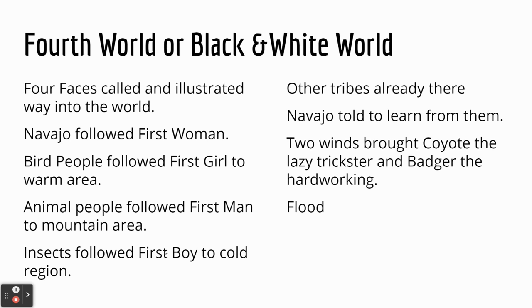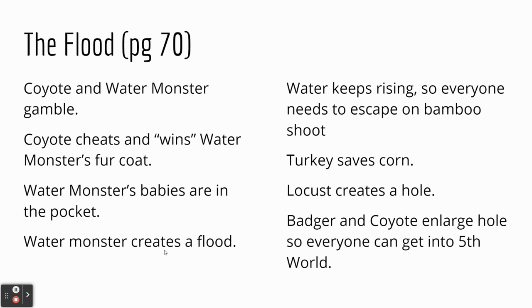And in this world, there's also the flood. You'll see this trickster and hardworking, and Coyote is one of the characters in the book. All right? I'm sorry, I won't cover the flood separately. Here it is. The flood is also mentioned in the book on page 70.